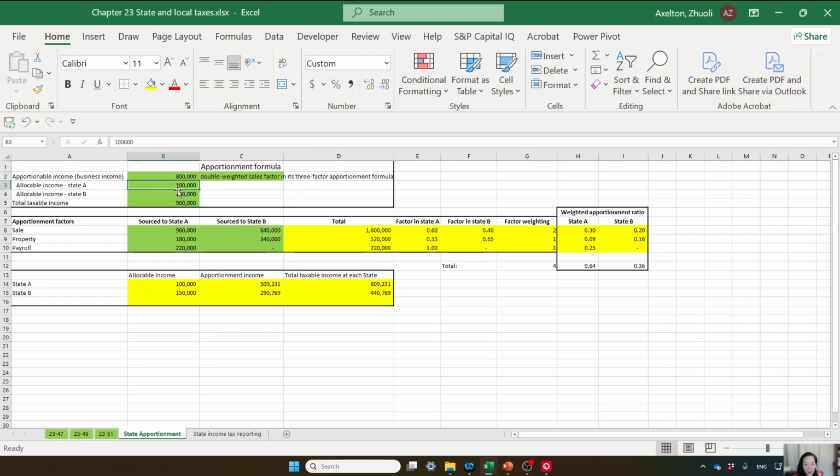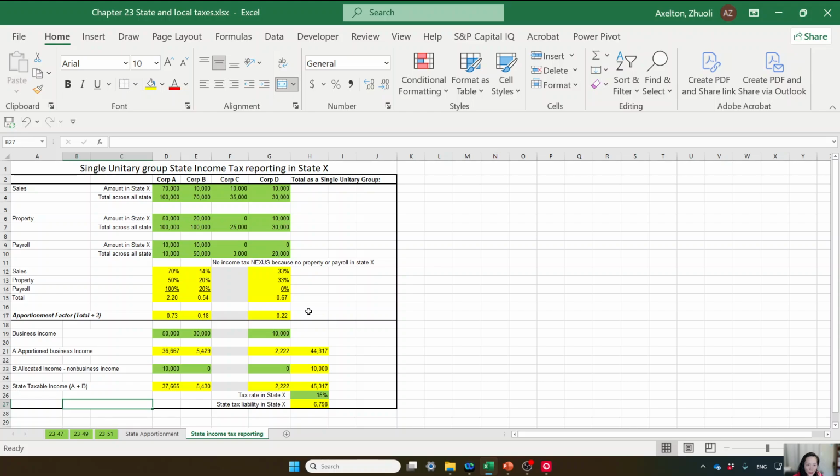The allocable income is specific to the state, so there's no apportionment; it's allocated strictly to the state, while apportionable income is apportioned based on the formula. Take a look at this worksheet, which can be helpful for working on the homework for the apportionment.